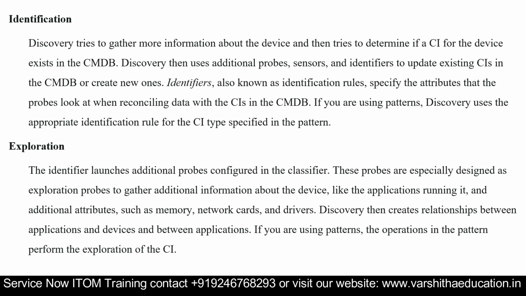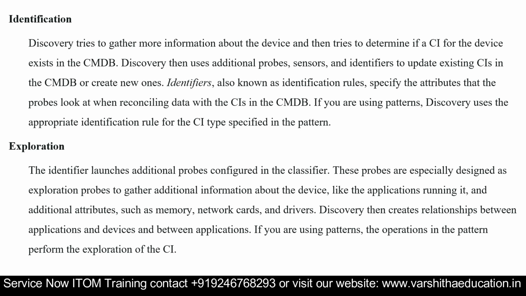Discovery tries to gather more information about the device, and then tries to determine if a CI for the device exists in the CMDB. For example, identification means it can gather the Windows operating system from the particular device.